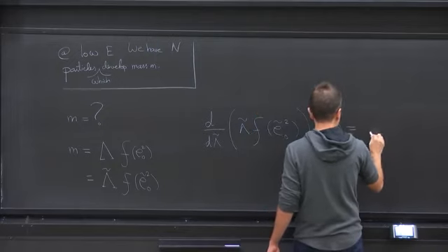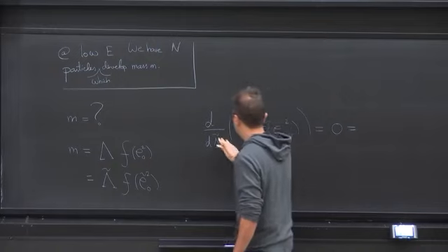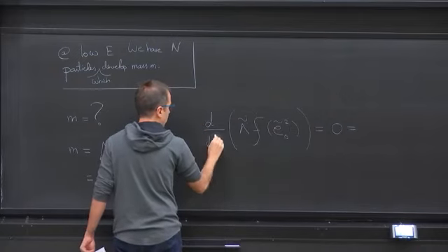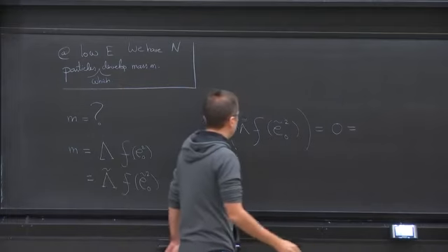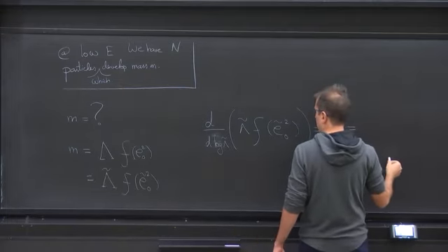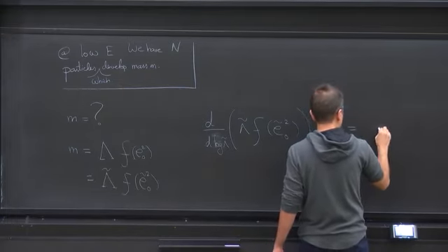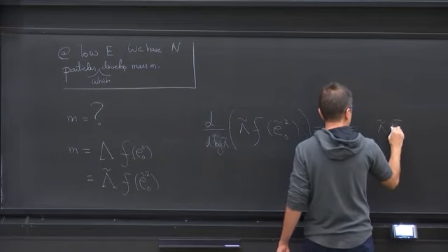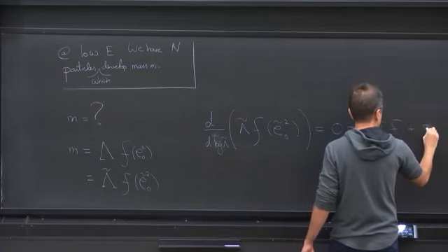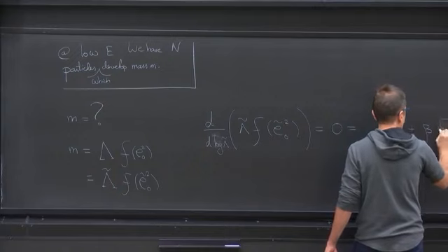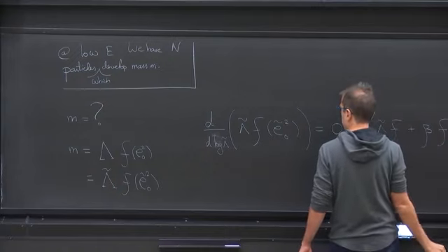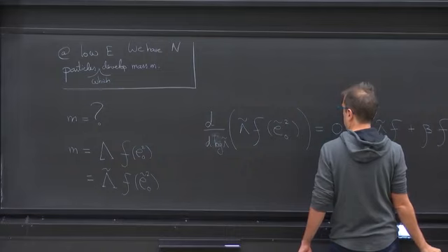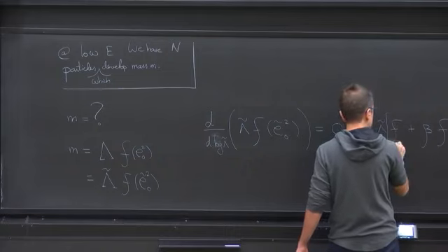This is the derivative of lambda tilde times f, plus the beta function times f prime.